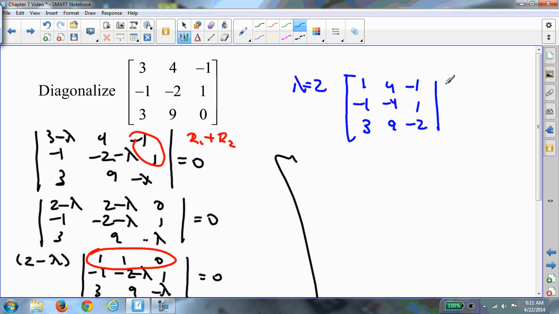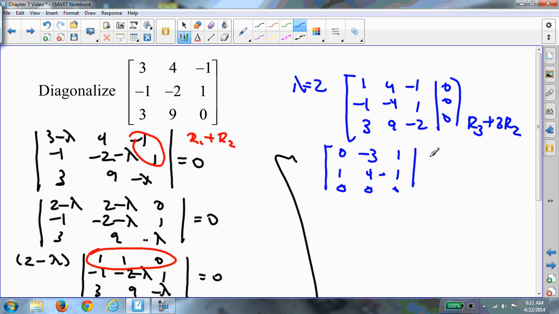And I'm going to augment that with 0, 0, 0. So let's see. I'm going to do R3 plus 3R2, and I'm going to move it to the top. So that's going to be 0, negative 3, and 1. And I have a 1, 4, negative 1. The other one cancels out, so I have 0, 0, 0.